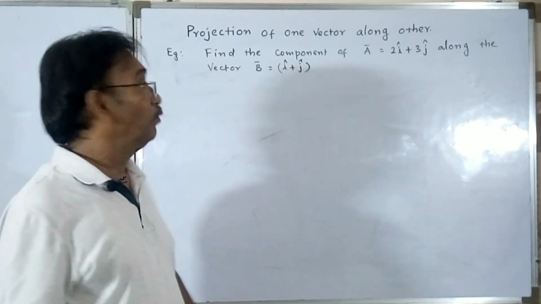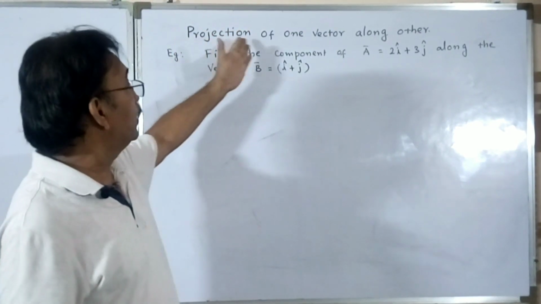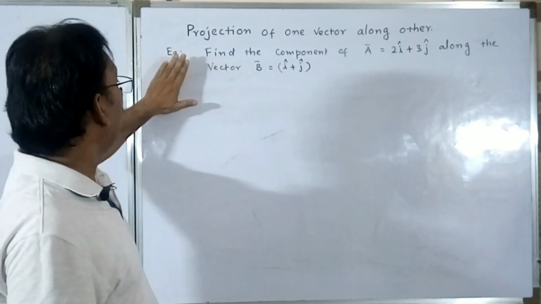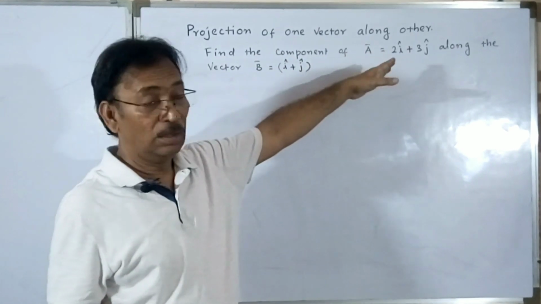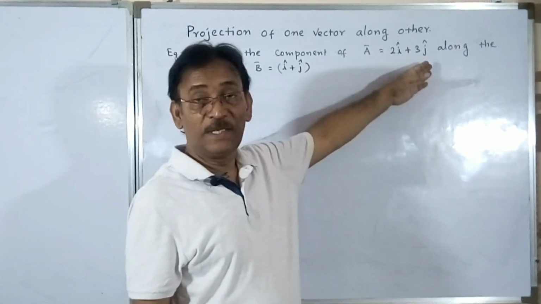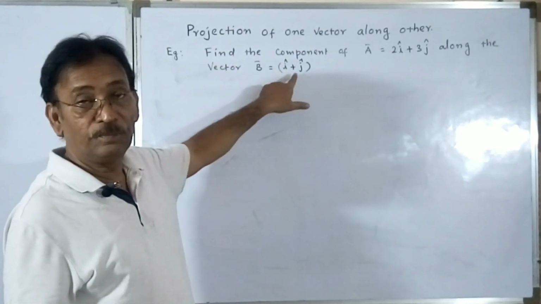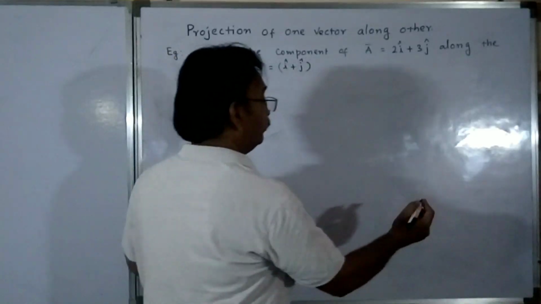Students, let's do a problem which depends upon the previous topic, that is projection of one vector along another vector. The problem is given like this. Find the component of vector A bar, that is 2i cap plus 3j cap, along the direction of the vector B bar, that is i cap plus j cap. First we have to do a little geometry.